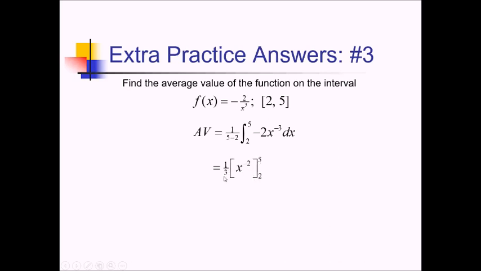So I've got a 1/3 times, and now I'll just put all this in parentheses. This is going to be 1 over 5 squared minus 1 over 2 squared. So this is 1 over 25 minus 1 over 4. So we need a common denominator here. I think 100 will do the job.